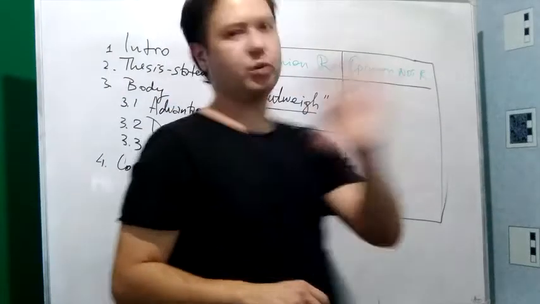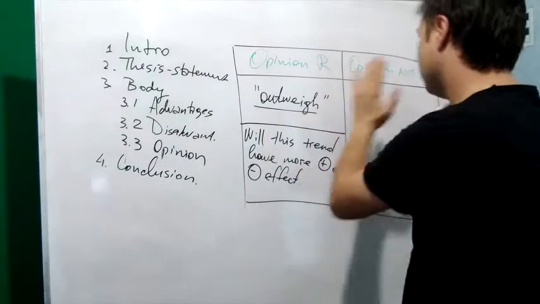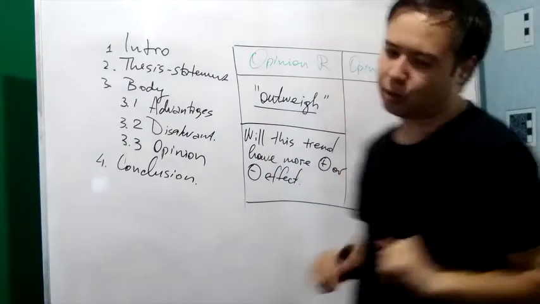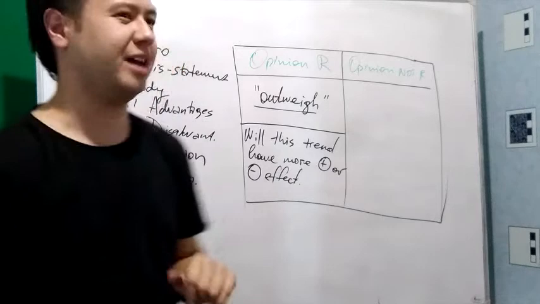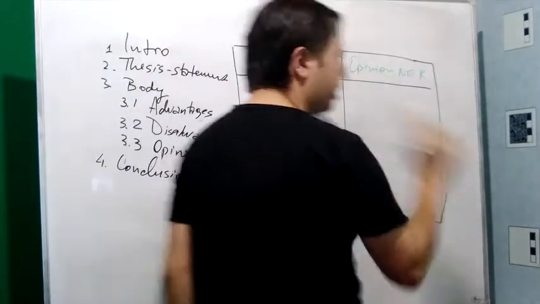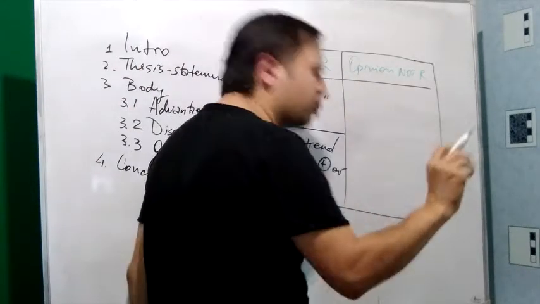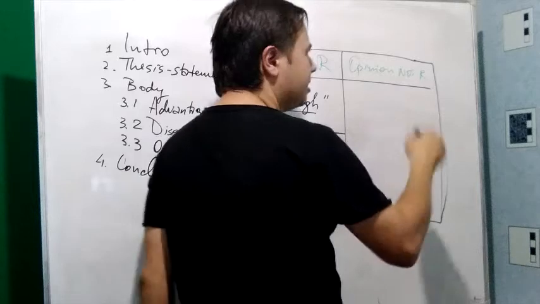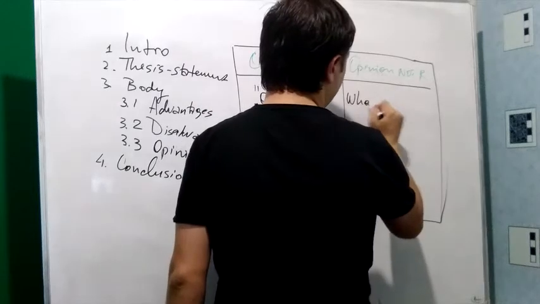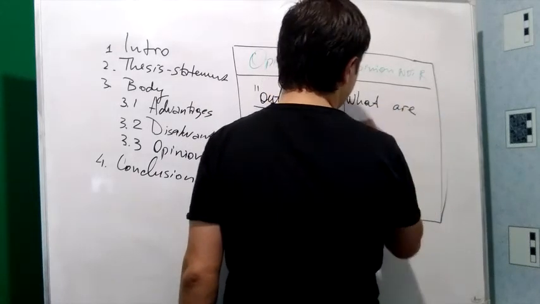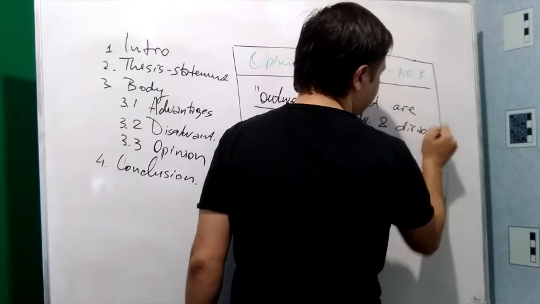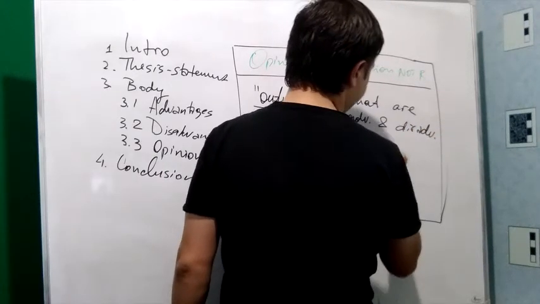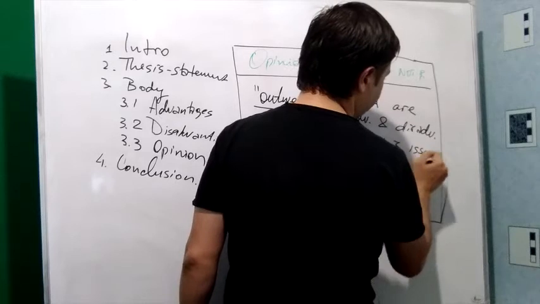Another situation is when your opinion is not required. It's the easiest situation actually. Why? Because when your opinion is not required, you're just going to get something like: what are the advantages and disadvantages of this issue?